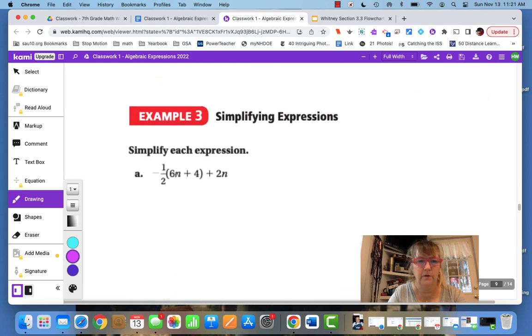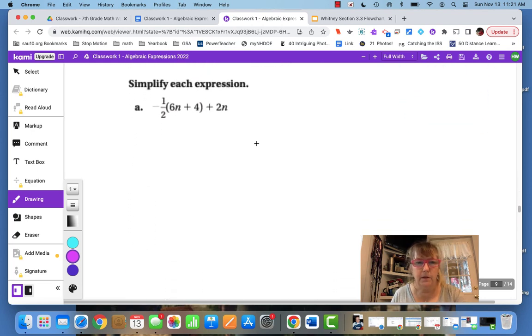So let's look at another more complicated one. We're going to take this negative half and multiply it by what is in the parentheses. So it's just these two terms. The 2n out there is not in the parentheses, so it doesn't get to play with this. When you multiply something by 1/2, all you're doing is dividing by 2.